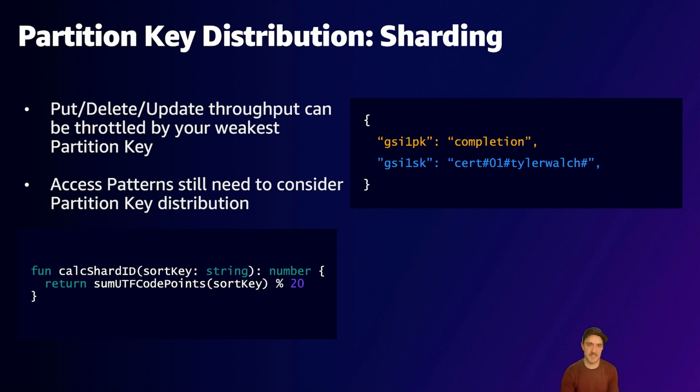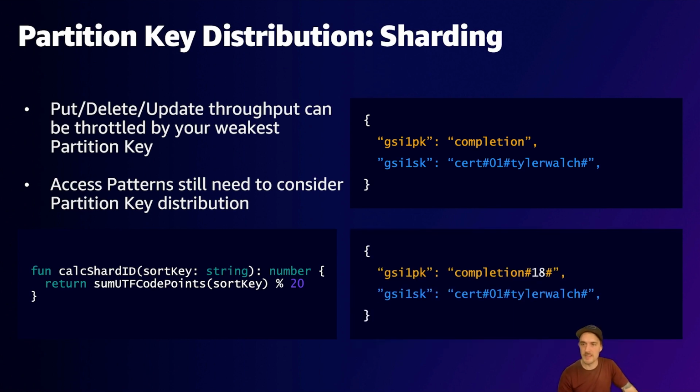In this function, I'm just taking the UTF code points for a particular string, the instructor name, and I'm applying modulo 20. The idea being that it will spit out a number between 0 and 19, and that will be the shard that I will write to.